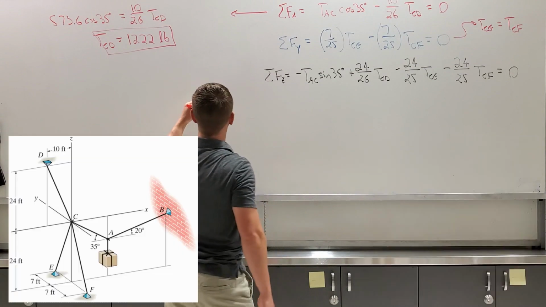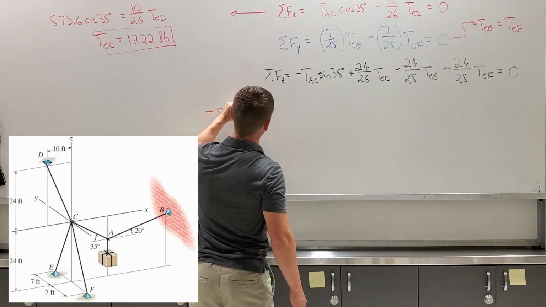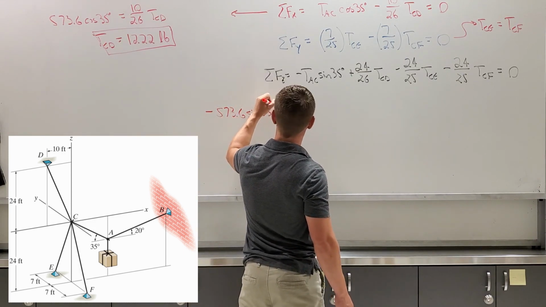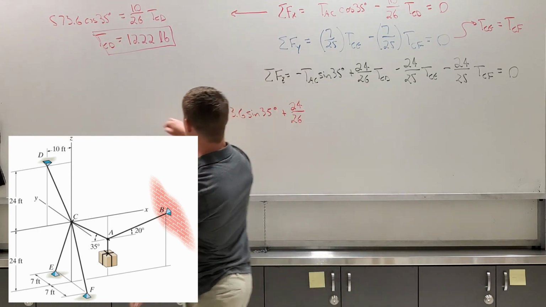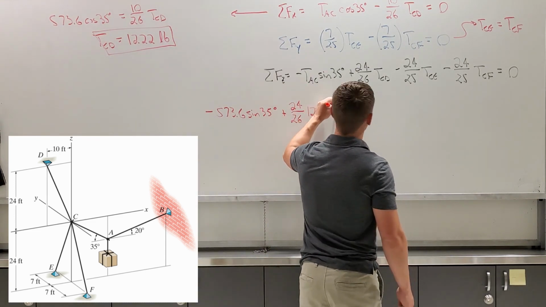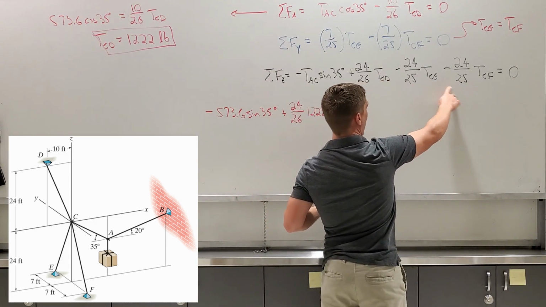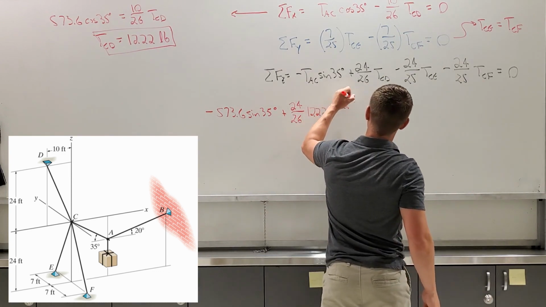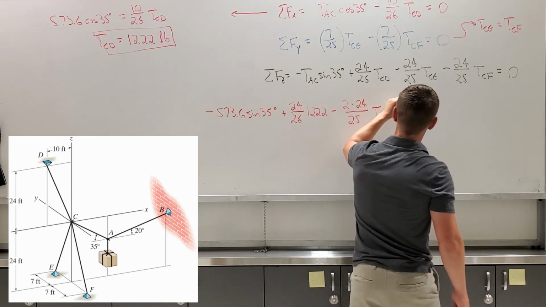So we get that a negative TAC, which we said was 573.6, times the sine of 35 degrees plus 24 over 26 TCD, which we just solved for, it's 1,222 pounds, minus, we have a 24 over 25 minus a 24 over 25, but TCE and TCF is the same. So we have a minus 2 times 24 over 25 TCE is equal to 0.